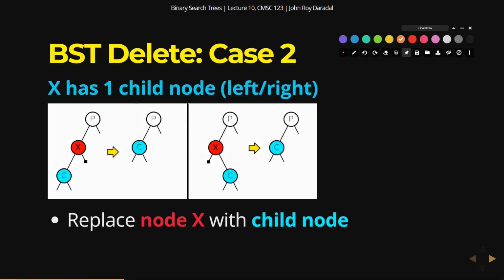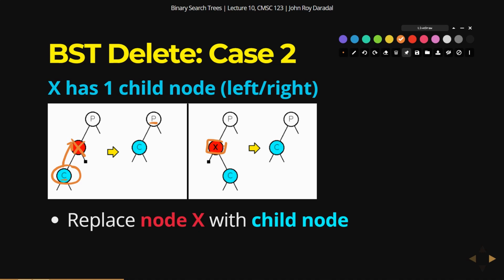So from here, since you're the only child anyway, when the parent goes away, you can just replace it. So P's left child was X before, and then when we remove this, P's left child became the child C. Okay, and then you can do the same if it was the right child.